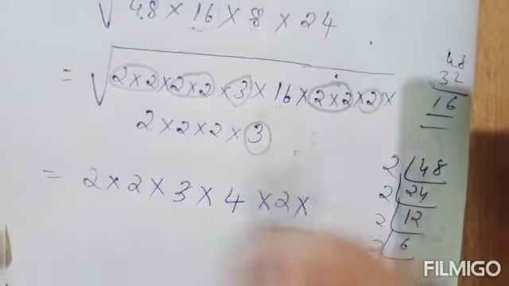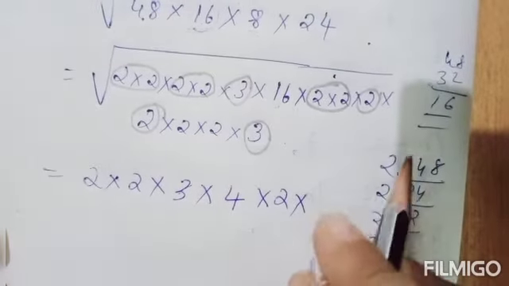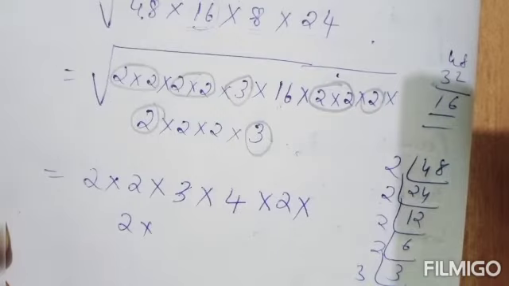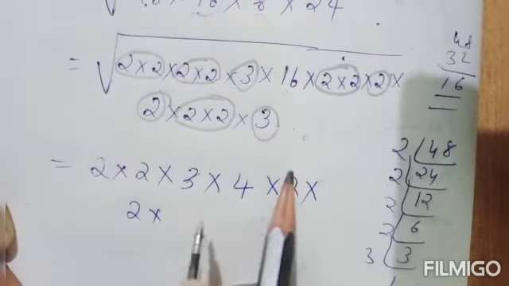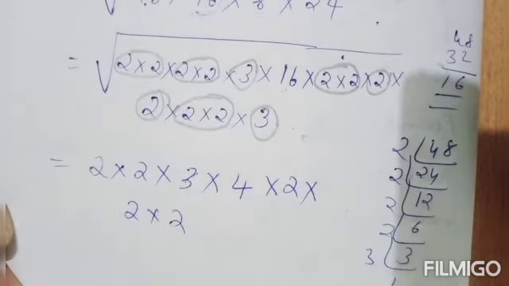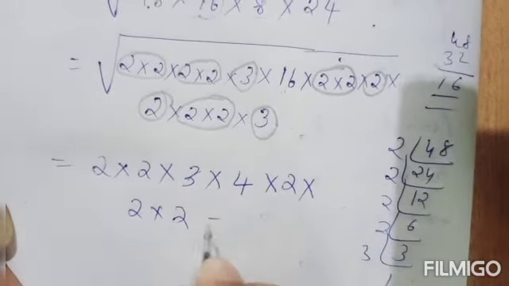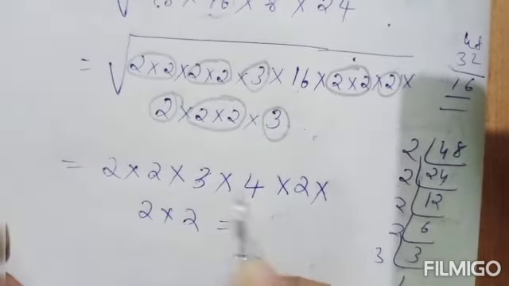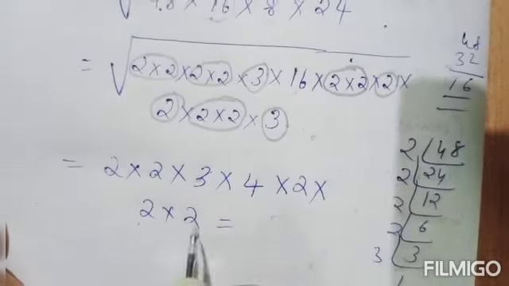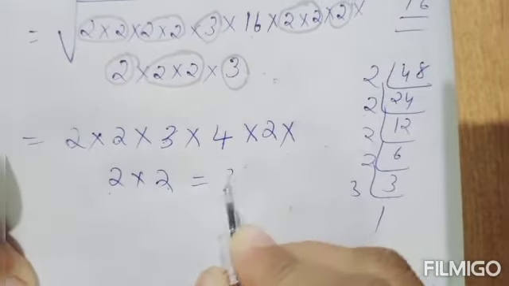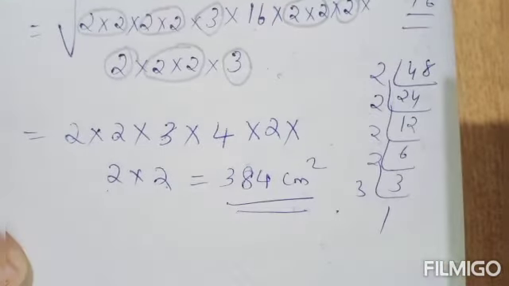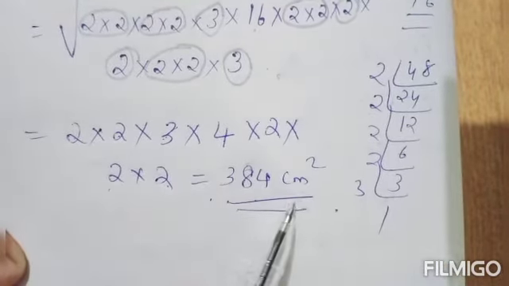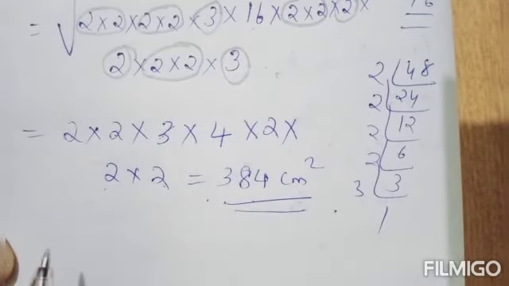This 2 and this 2 you can pair, so again write 2 outside. Here also two 2's, so one more 2. Now 2 into 2 into 3 into 4 into 2 into 2 into 2, you will get 384 centimeter square. So 384 centimeter square is the area of that triangle.